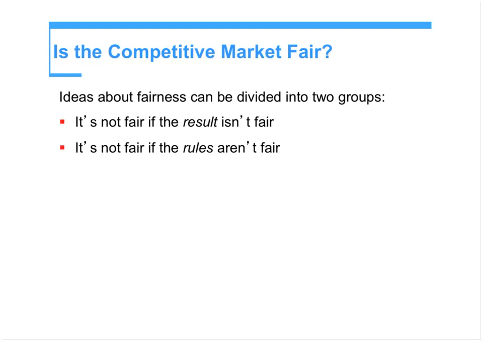That's important to understand. Is the market fair just because the result is fair, or is it not fair because the rule is fair or is not fair? That's very important.